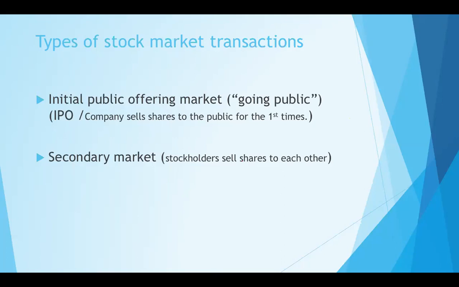What's the exact difference between a share and a stock? Nothing. There isn't any difference between share and stock. A share is one share of a company, and stock is used as the same terminology.